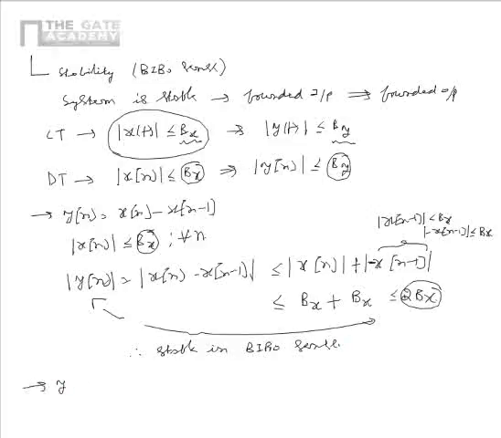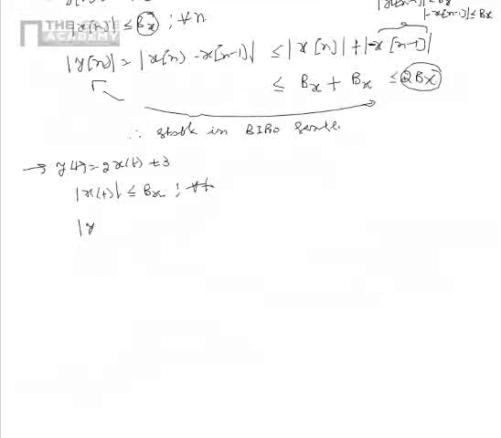Now let us consider a system y of t is equal to 2 times x of t plus 3. Suppose the input is bounded, that is mod of x of t is less than or equal to bx. This is for every t. Then mod of y of t can be written as mod of 2 into x of t plus 3.